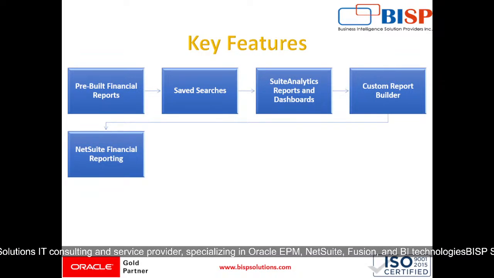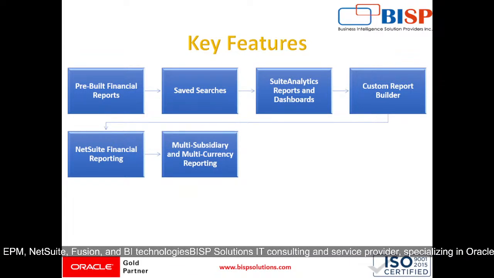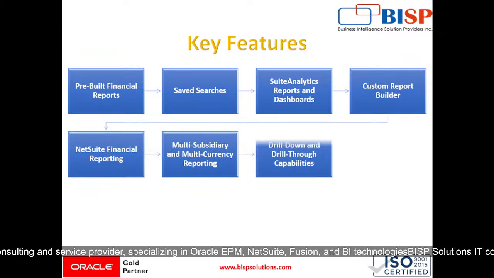Next comes NetSuite financial reporting, where advanced features for consolidated financial statements across multiple subsidiaries are there, and it provides custom financial segmentation for different business units or locations. Next comes multi-subsidiary and multi-currency reporting, where it supports businesses with global operations by providing consolidated financials across multiple currencies and locations, and automated currency conversion based on exchange rate is done.